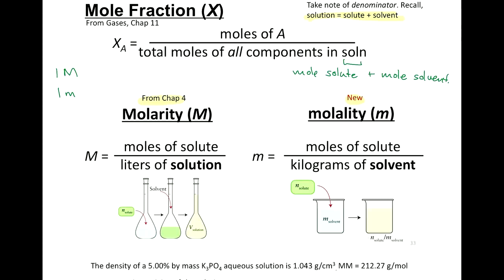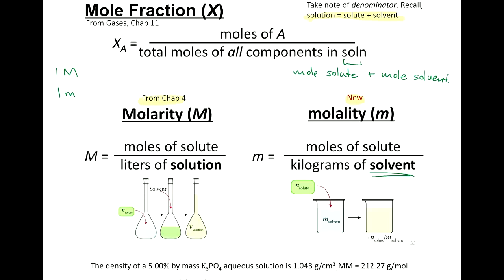The little m means molality, which is moles of solute again, but this time over kilograms, so the weight, of just the solvent. In molarity, we included liters or volume of both the solute and solvent, but in molality, we are just looking at kilograms of solvent in the denominator. All right, so let's explore these concentrations.